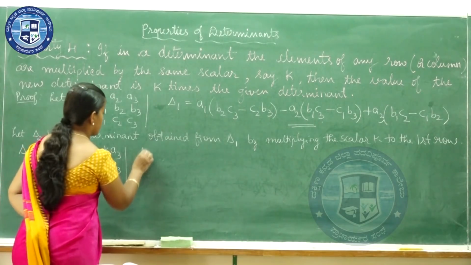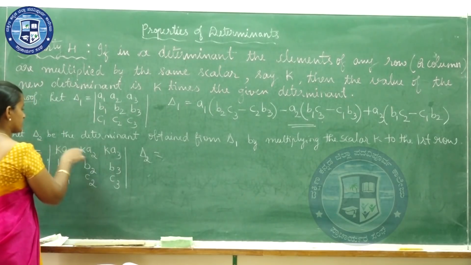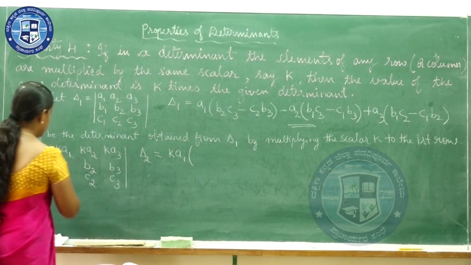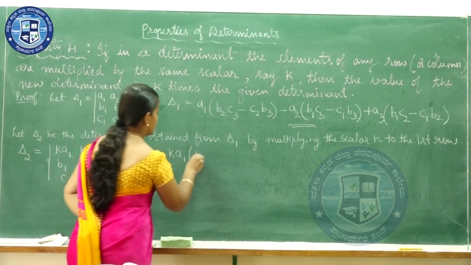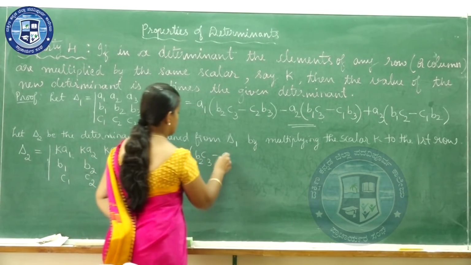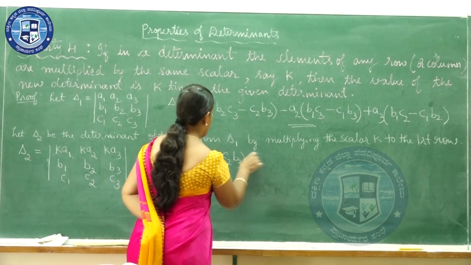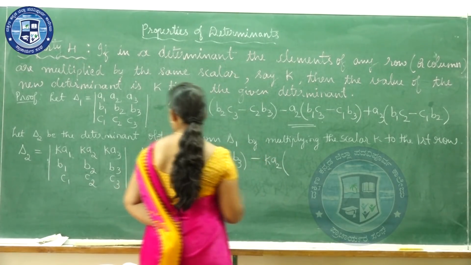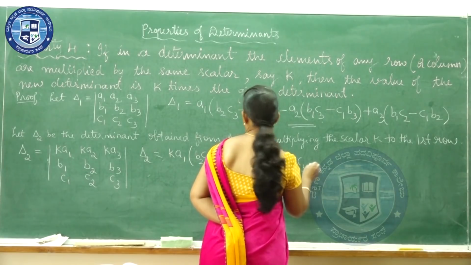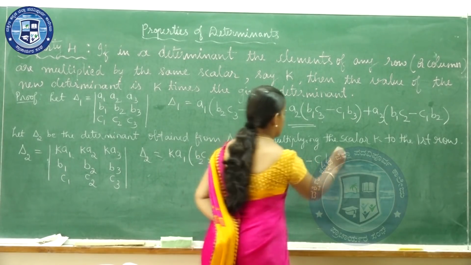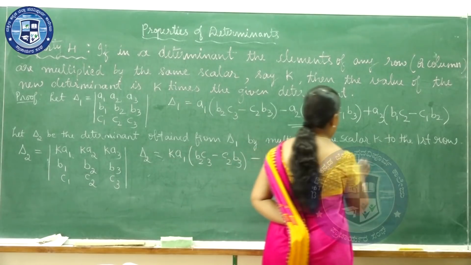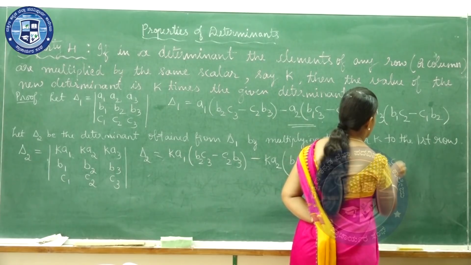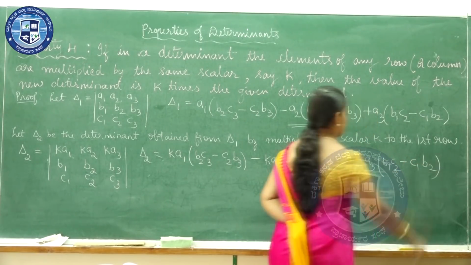Yes, now let us expand about the first row, plus minus plus. So, it is Ka1 into, delete this, so B2C3 minus C2B3, minus Ka2 into B1C3 minus C1B3, plus Ka3 into B1C2 minus C1B2.